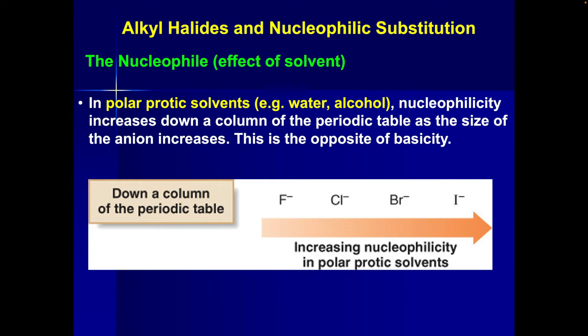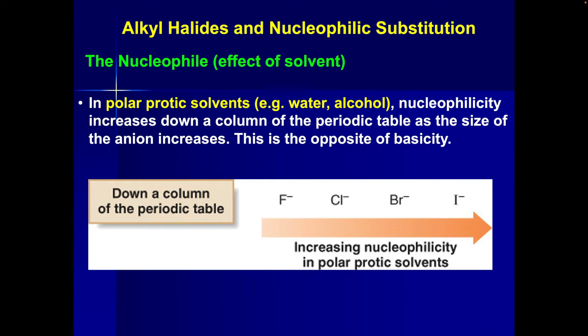Okay, so let's just use some examples. Water is a polar protic solvent. Would you consider methanol a polar protic solvent? Yeah, it is. Alcohols are also polar protic solvents. So things like this are all going to be polar protic because we have that OH bond, right?